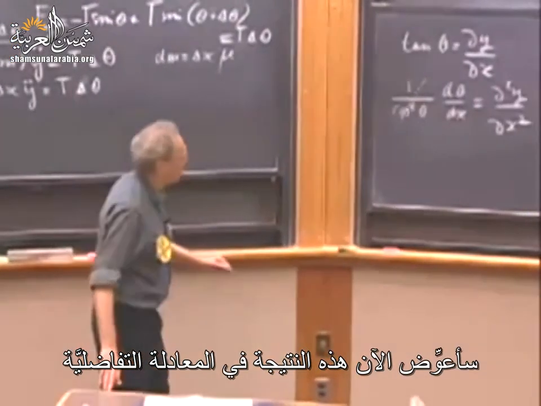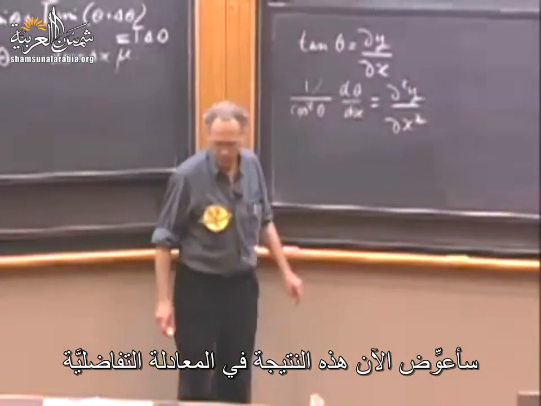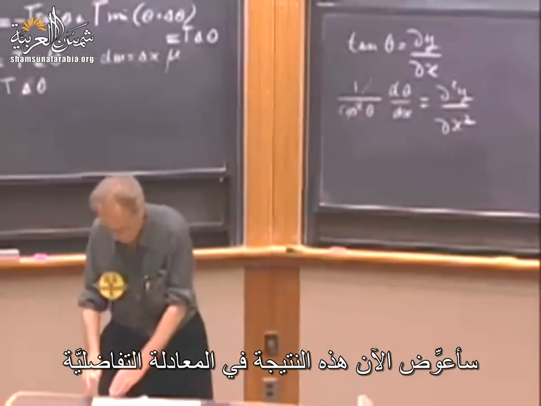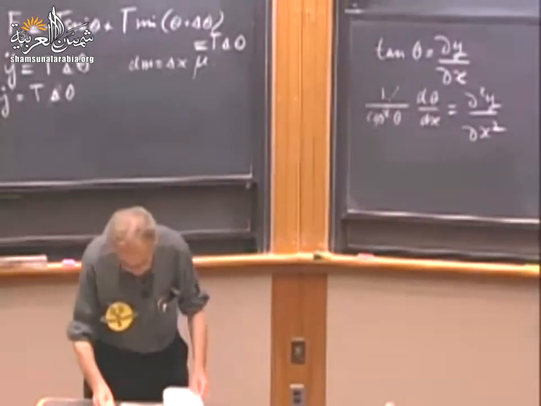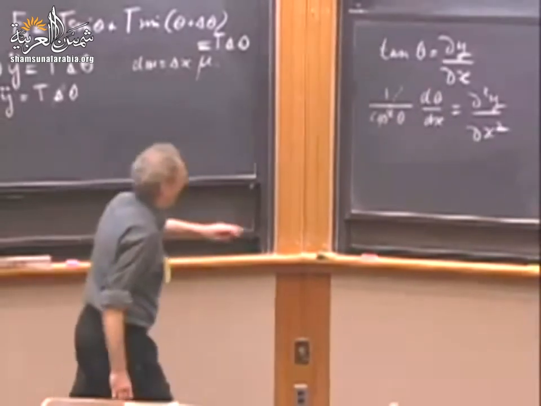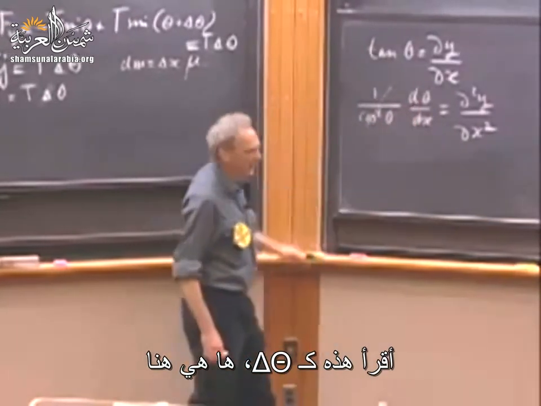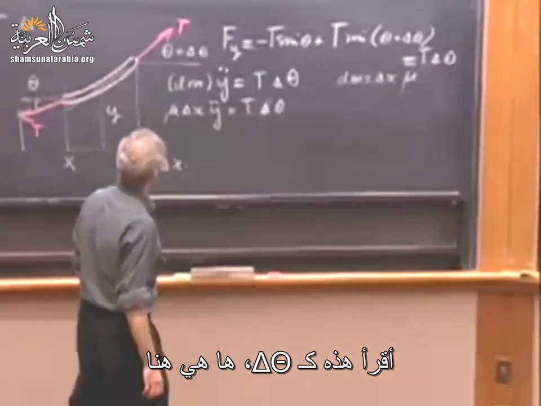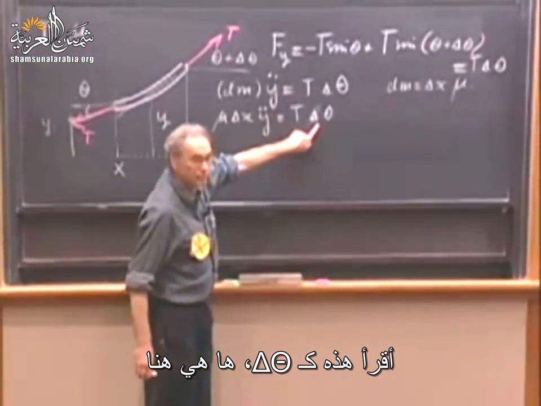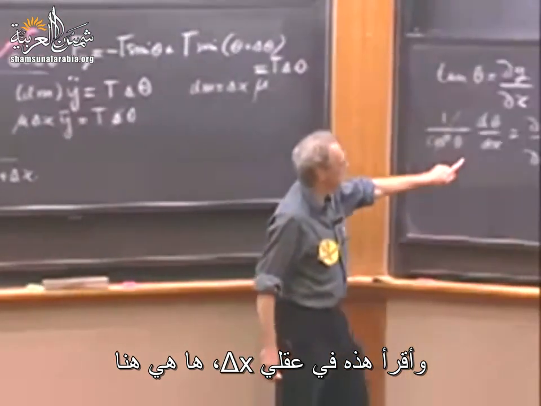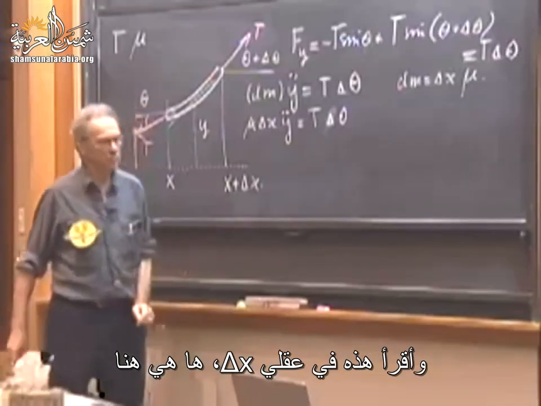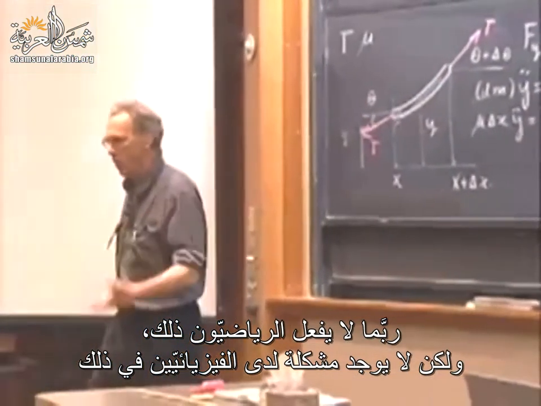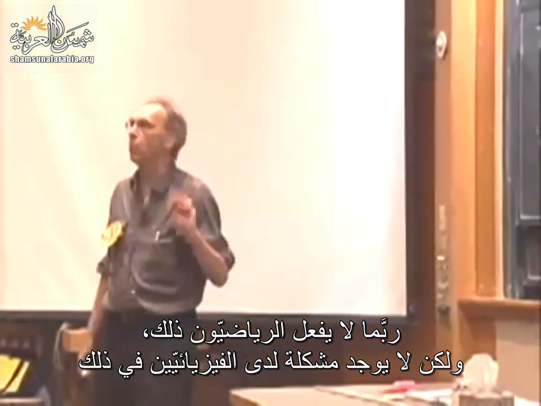And so I'm going to substitute now this result into my differential equation. I read this as delta theta, which is here, and I read this in my mind as delta x, which is here. Now, mathematicians would probably never do that, but physicists have no problems with that.